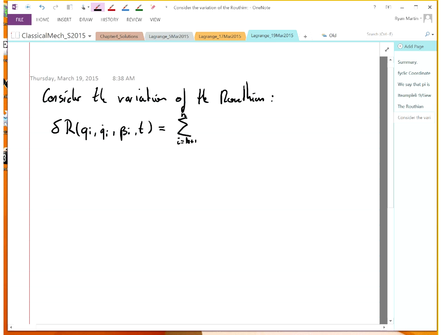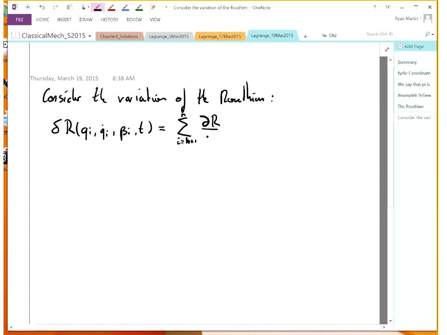Right? The Routhian, well, there's no cyclic coordinates, so they're not in there anyway. For the q_i's less than k, there aren't any in the Lagrangian, so there aren't going to be any in the Routhian as well, because they're cyclic. So we only have the q_i's that are bigger than k.